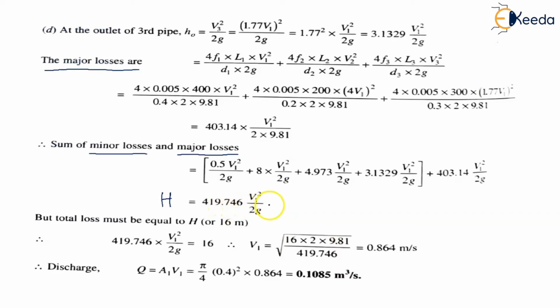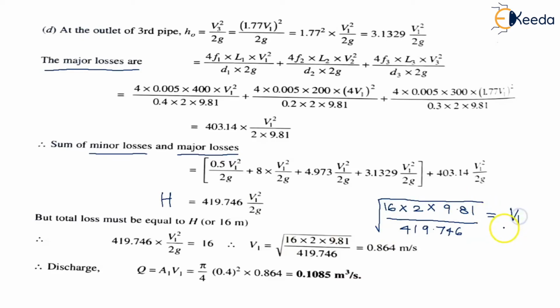But we also know the value of H is 16. So this can be written as V1 equals the root of 16 multiplied by 2 multiplied by 9.81 divided by 419.746. This gives you V1. So now V1 is 0.864 meter per second.